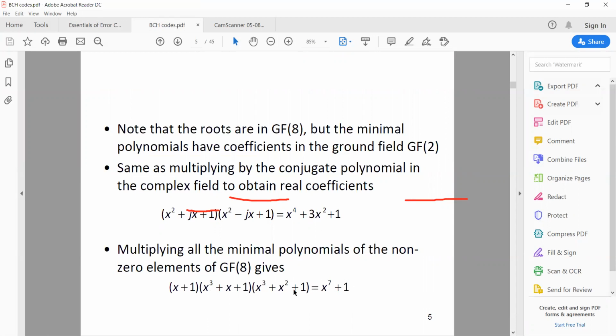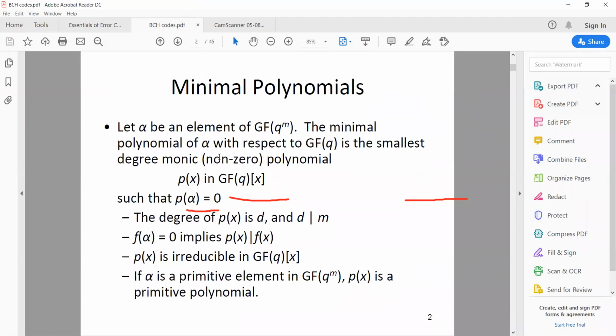So this is a multiplication of the factors, that is, a multiplication of the minimal polynomials.